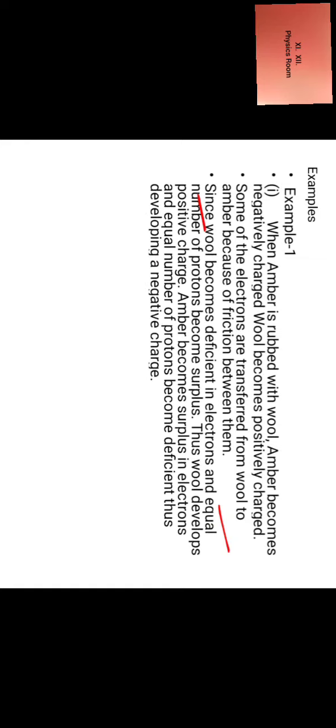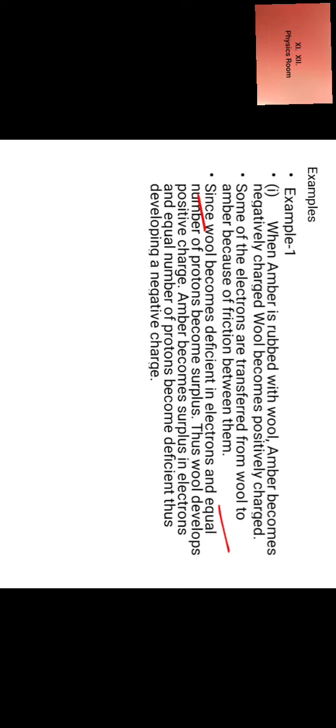Since wool becomes deficient in electrons and an equal number of protons become surplus, wool develops positive charge. Amber becomes surplus in electrons and an equal number of protons become deficient, thus developing a negative charge on it. Thus amber becomes negatively charged and wool becomes positively charged.